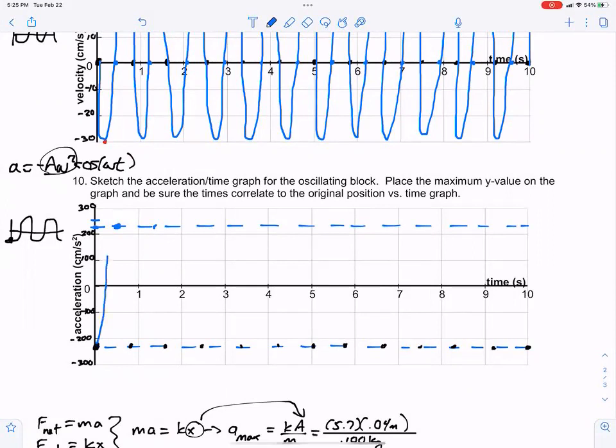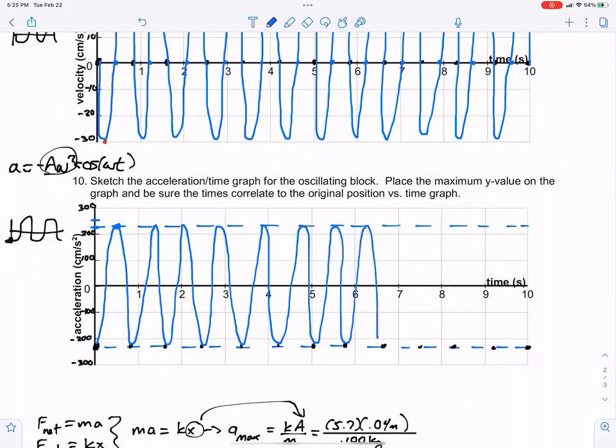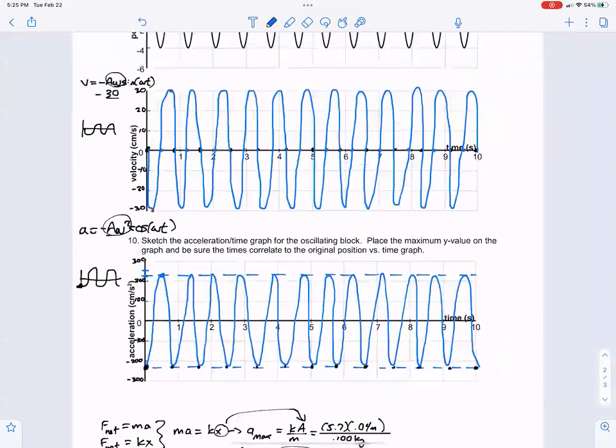I'm going to go up, down, and repeat again. Up, down, up, down, and finally back down again.